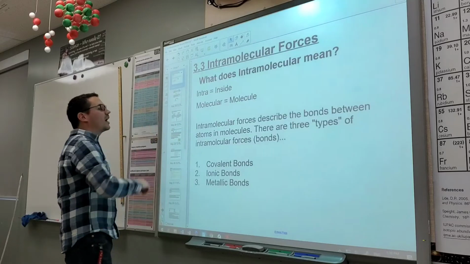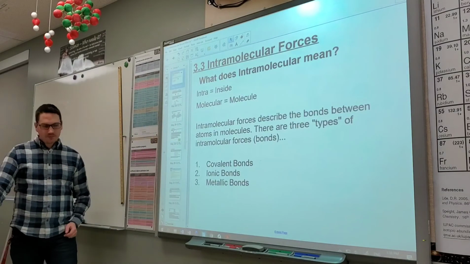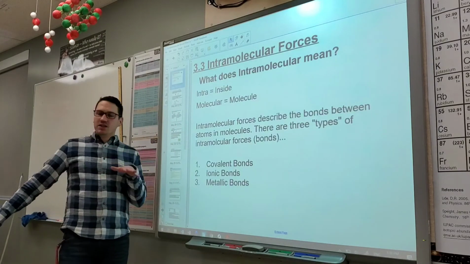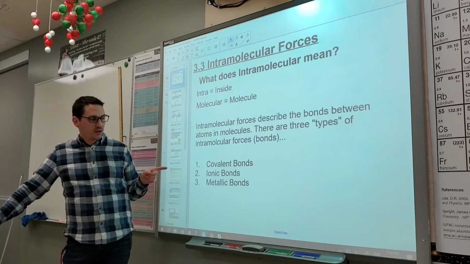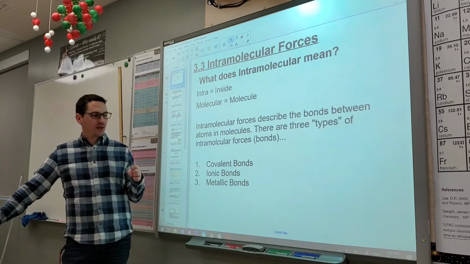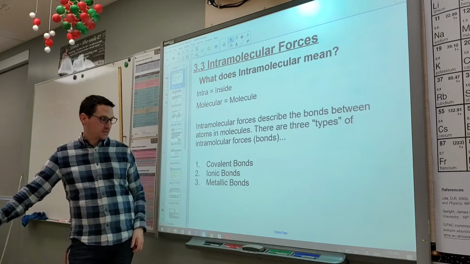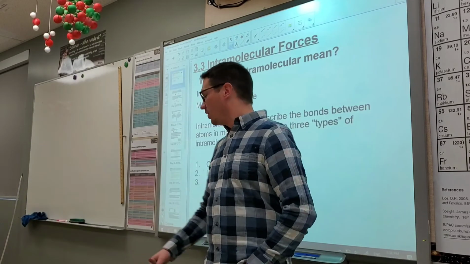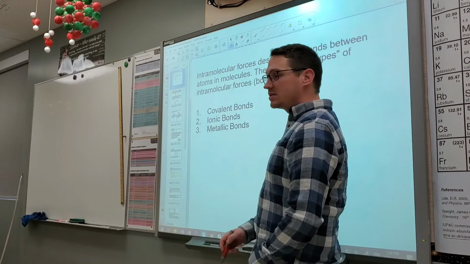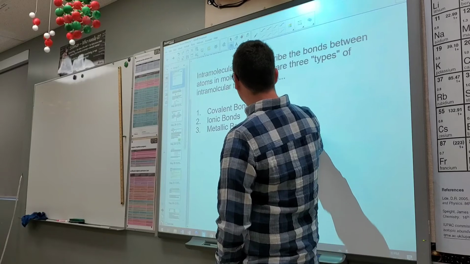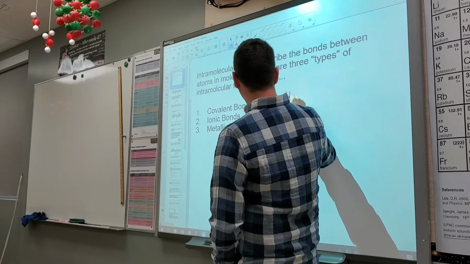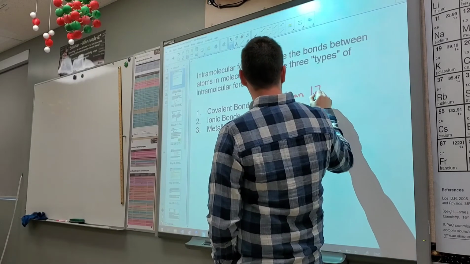Now, I kind of skipped some stuff, and I just wanted to jump in. There are 3 types of intramolecular forces or bonds, okay? There's covalent bonds. Covalent bonds are when we have a difference of less than 1.7, right?